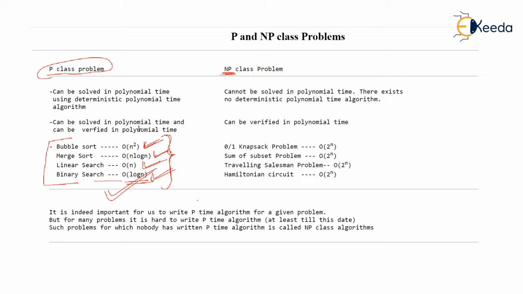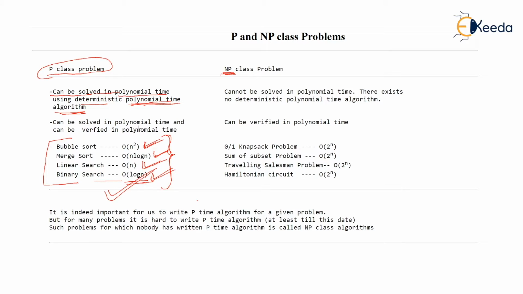So the definition is P class problems can be solved in polynomial time using deterministic polynomial time algorithm. Now you know what is polynomial time algorithm. Big O of n square, big O of n log n, all these are polynomial time algorithms. So if you are asked which type of algorithm is bubble sort, is it P or NP?